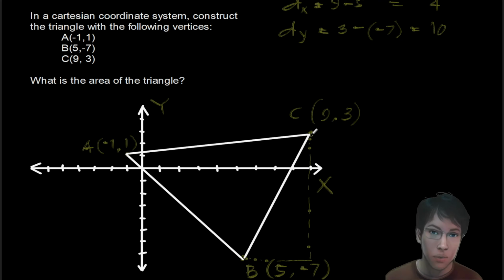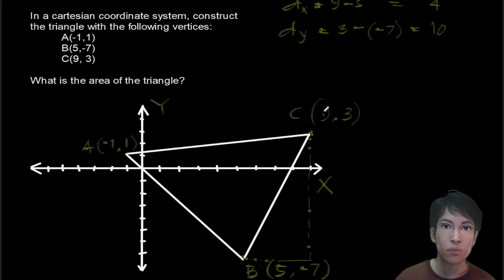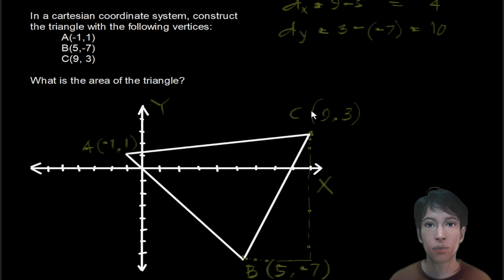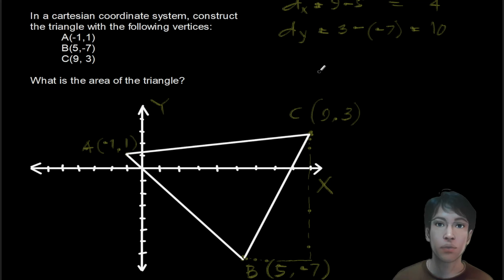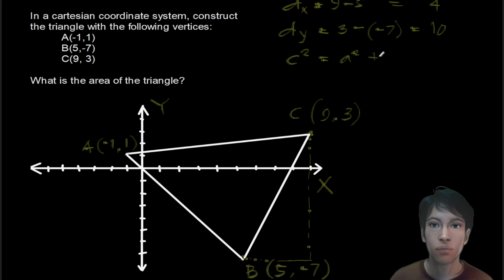What could be the distance now of this one from here up to here, considering that we have a right triangle? All we have to do is apply the Pythagorean Theorem. The Pythagorean Theorem is c squared equals a squared plus b squared.